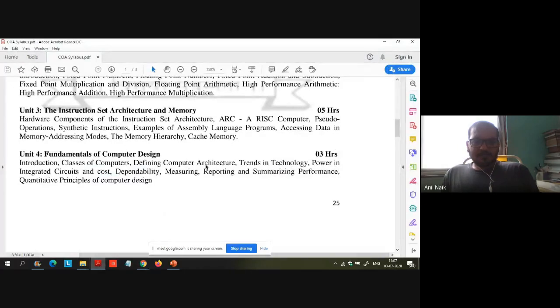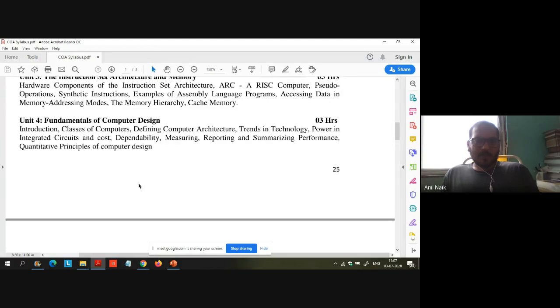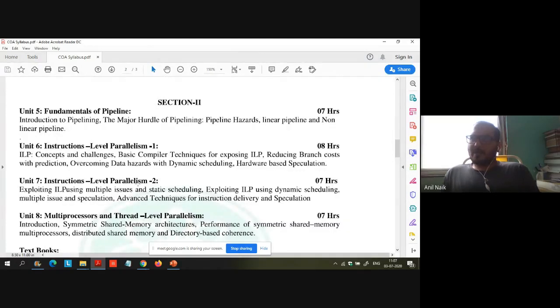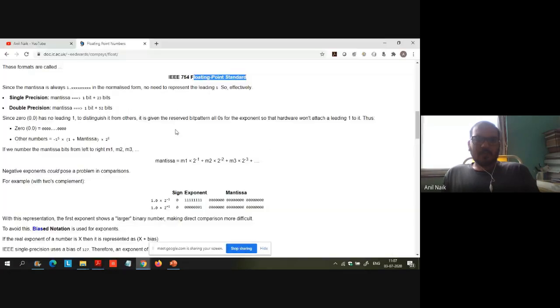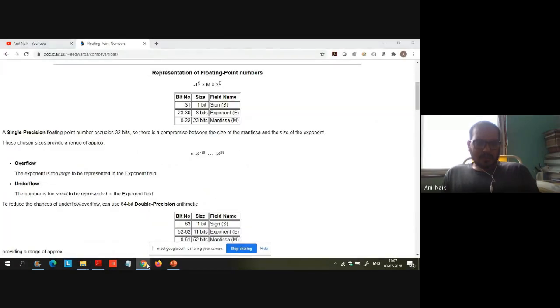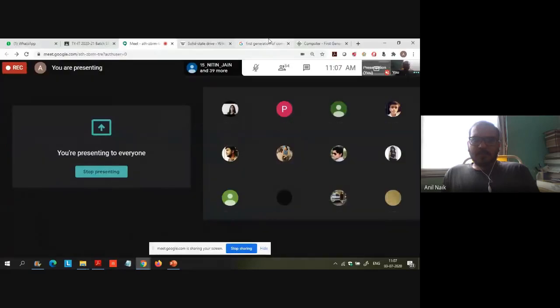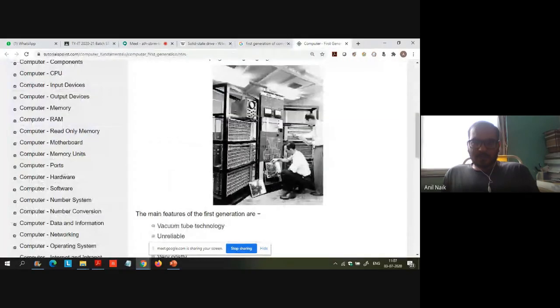Then in this chapter we'll study the computer design concepts, power consumption in integrated circuits, and cost, and we were also discussing the first generation computers. Such large size computers.